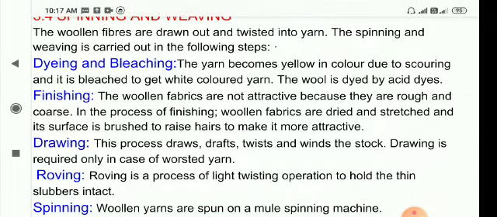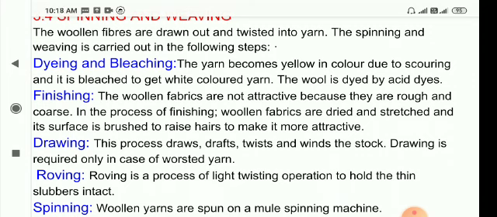So students, the yarn becomes yellow in color due to scouring, and it is bleached to get white color yarn. Bleaching, you might have heard, is when the color is being removed. Suppose some cloth is there and you want to bleach it, after bleaching its color will become white. So in the same way wools are also bleached, and this is done by acid dye.